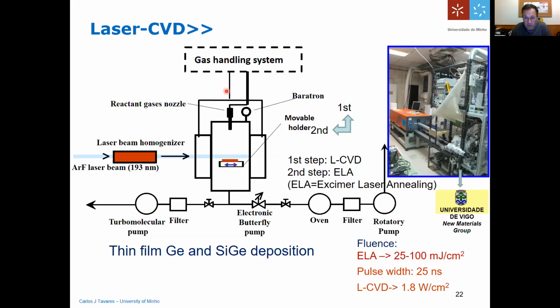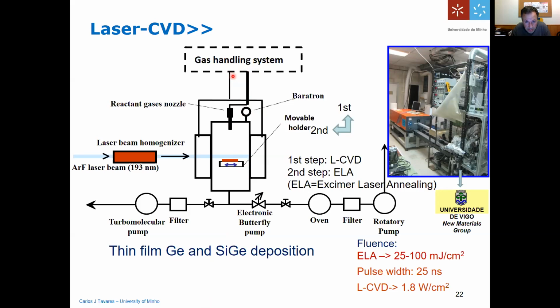Okay, so if you want to produce germanium, you have to put inside a germanium gas, like the CH4 that I mentioned a while ago.